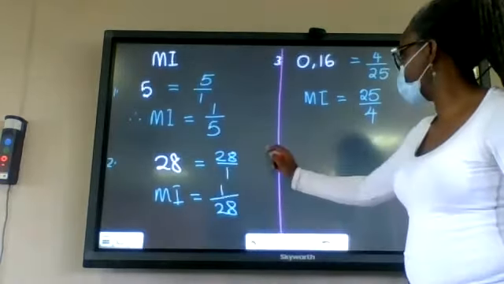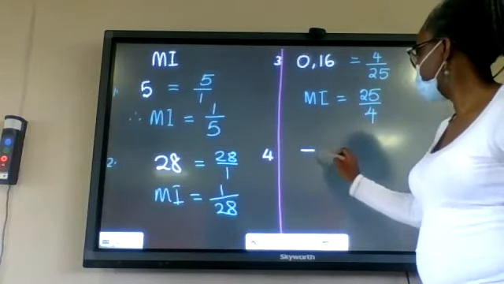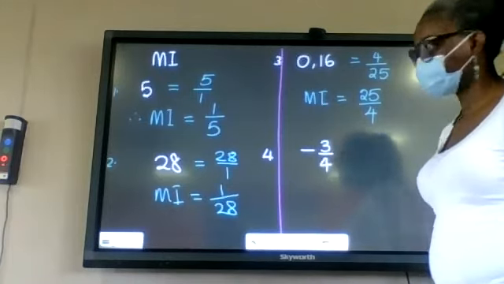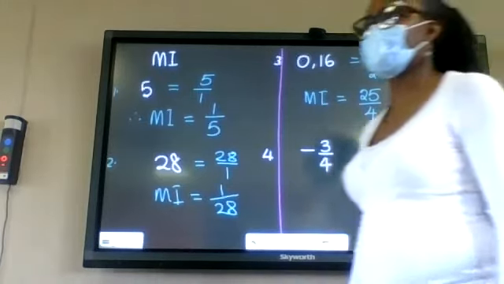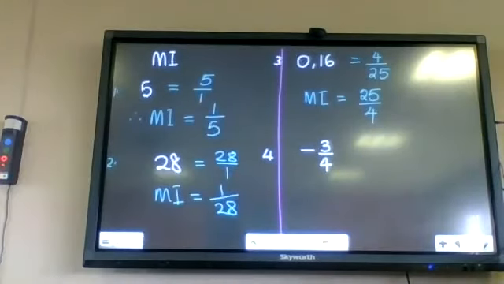Okay, example number 4. I'm just going to introduce something new there. What is the multiplicative inverse of negative 3 over 4? What's our step 1 again? This one is already a fraction, so step 1 is done. What's step 2? Turn it upside down. Is there more?